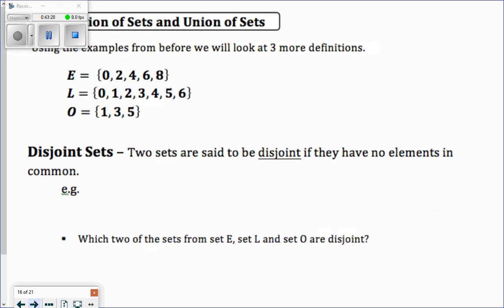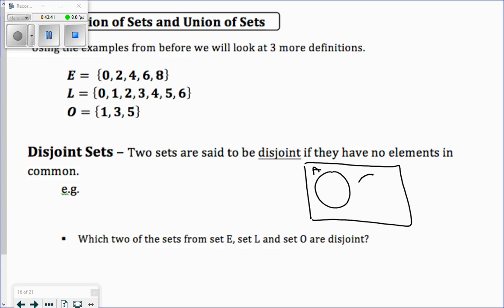So, disjoint sets. Two sets are disjoint if they have no elements in common. Pictorially, it would look like this. There's no overlap.